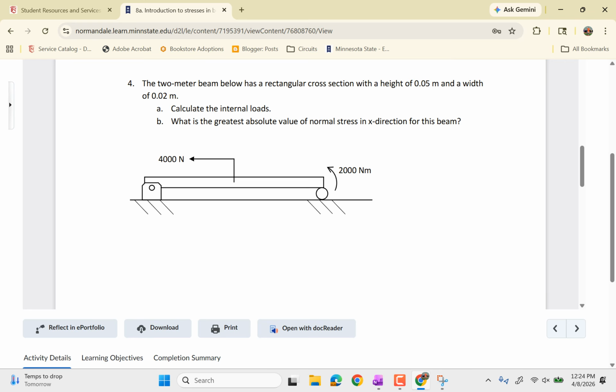Imagine that if you try to make this flop over, if you apply a couple to make it go this way, this will still hold on to it. So that's what would happen if this was a pin and slot joint and the slot was horizontal.